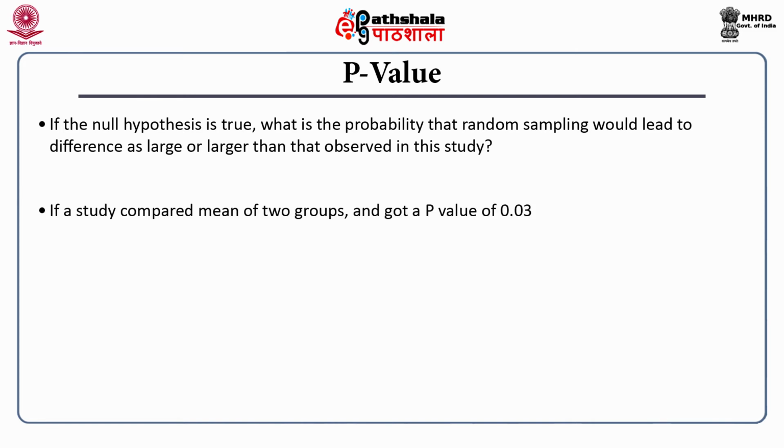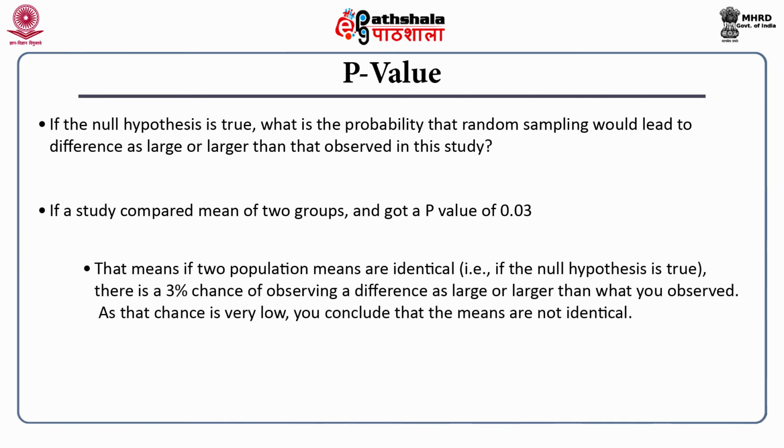So if a study compared means of two groups and got a p-value of 0.03, what does that mean? That means that if two population means are identical, that is, the null hypothesis is true, there is a 3% chance of observing a difference as large or larger than what you observed in that particular study.